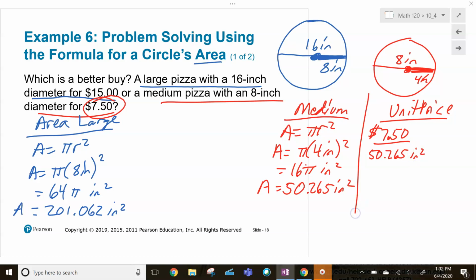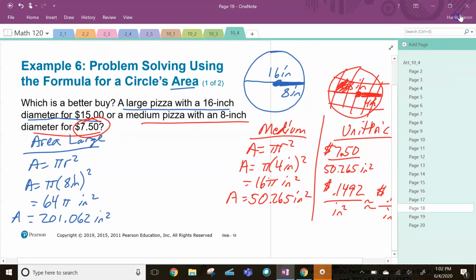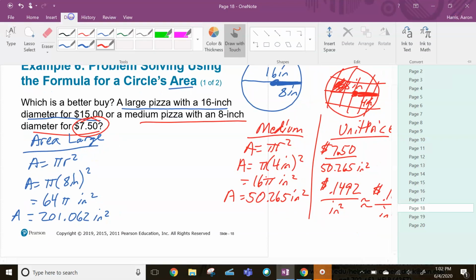Punch this in, and this ends up being 0.1492 per square inch. In other words, it's about 15 cents per square inch, right? If I was dividing this up, one of these is about 15 cents on that medium pizza.